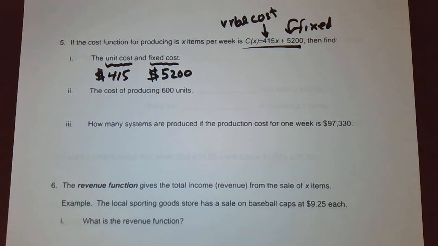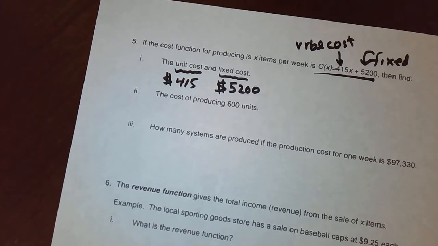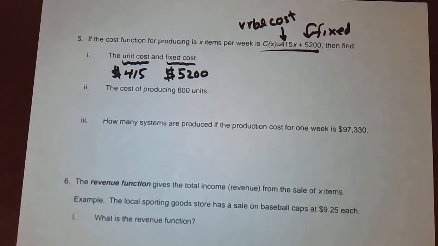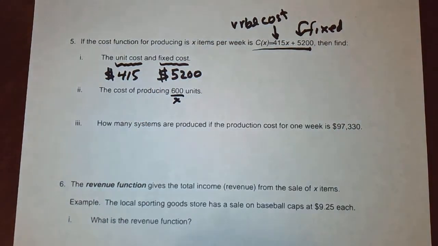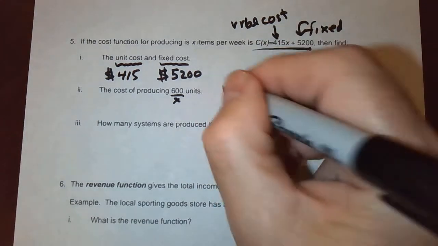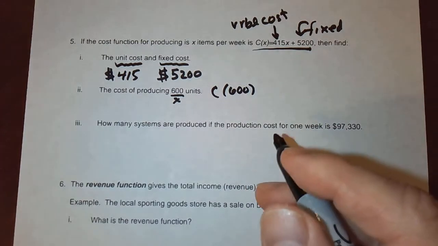So what we're asked to find next is the cost of producing 600 units. So if we're producing 600 units, that means x, the quantity, is 600. So we just need to find out what C of 600 is.